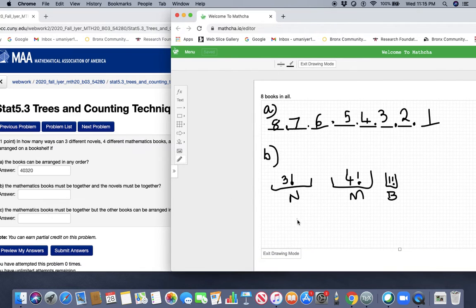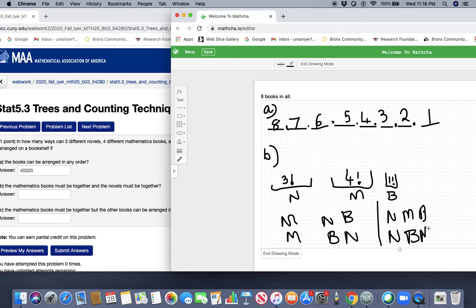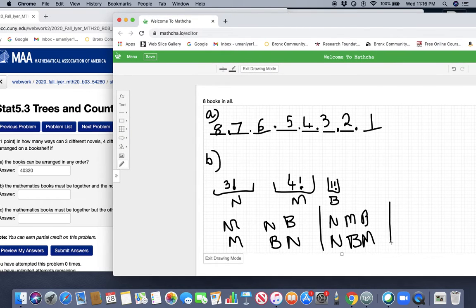I can have M first, N next, B, or M first, B next, N, or N first, M next, B, or N first, B next, M, or B first, M next, N, or B first, N next, and then M. So there are 6 ways of arranging these blocks.